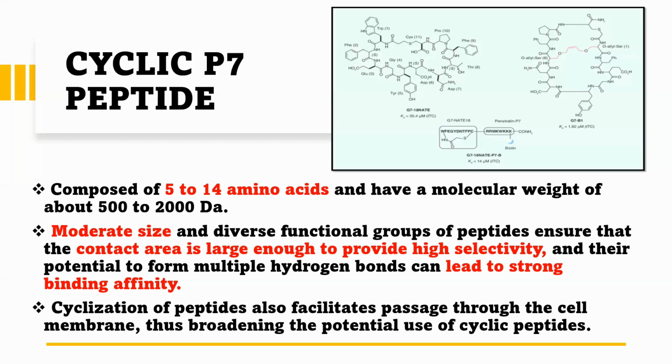In addition, the cyclization of the peptides also facilitates the passage through the cell membrane, thus broadening the potential use of cyclic peptides in generating structure and function features that can be used as pharmaceutical agents. Because of these favorable characteristic features, various cyclic peptides have been exploited for biomedical and other purposes that we will be discussing more in the next few slides.